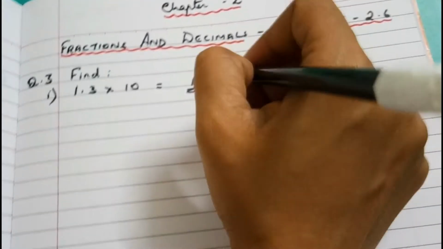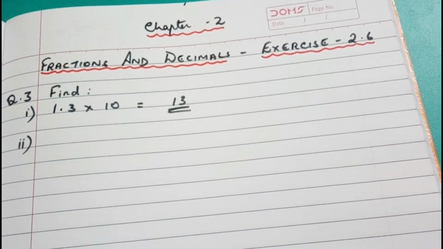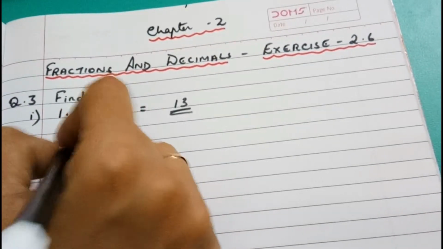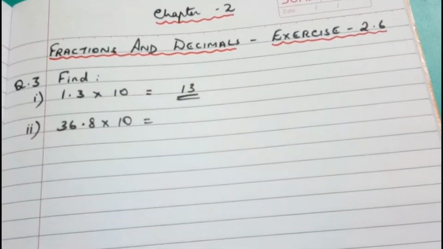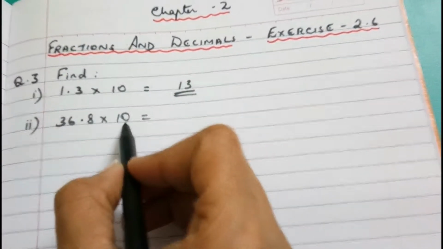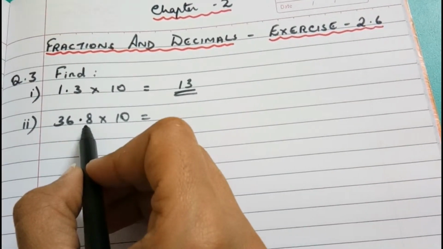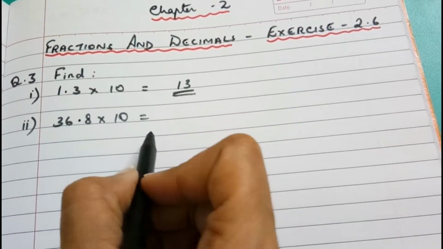Okay, now sub question number 2, that is 36.8 into 10. Same way, 1 zero, one number after the decimal point, multiplication, so it will move towards right.